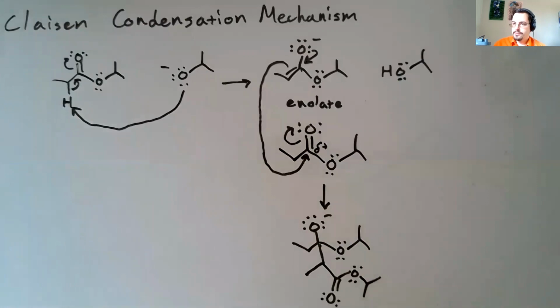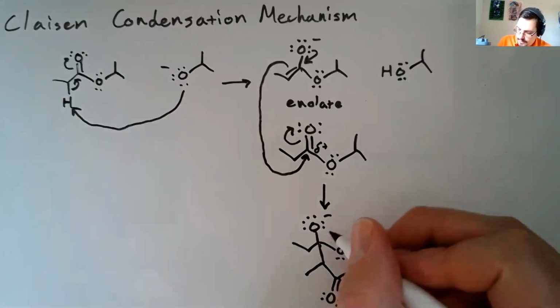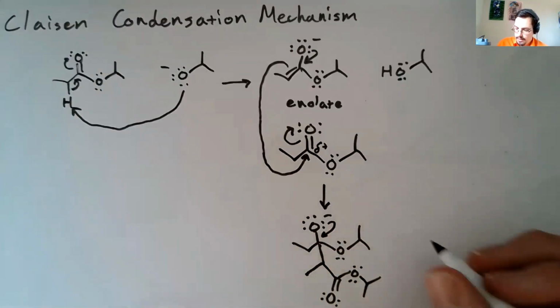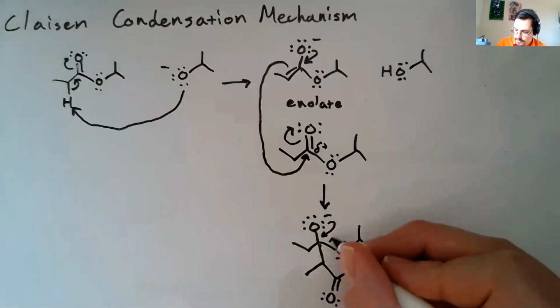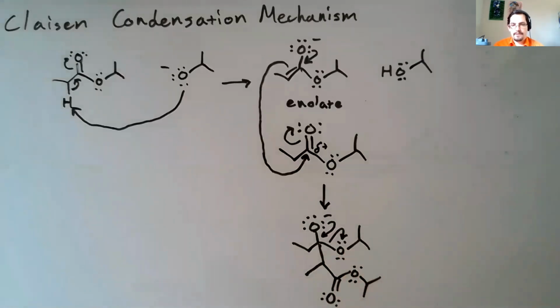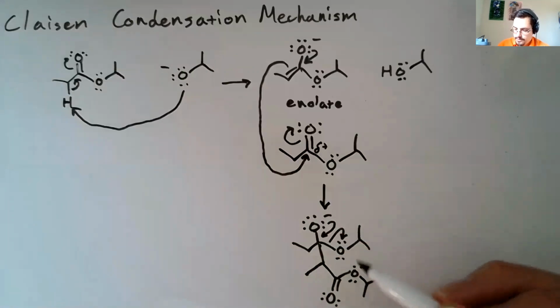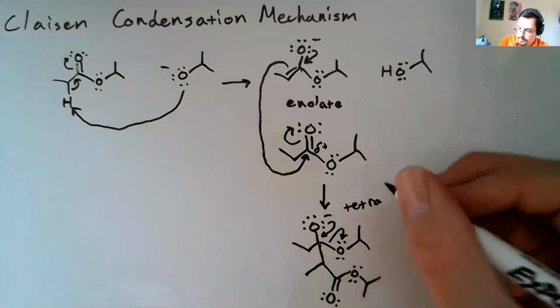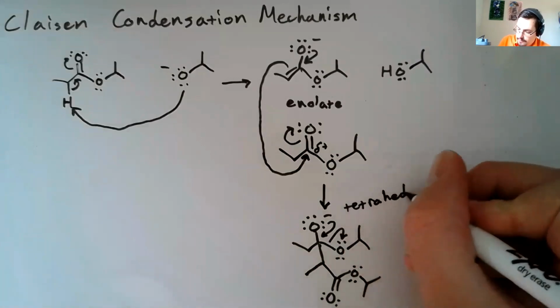Now this is a tetrahedral intermediate, similar to what we would see in a typical nucleophilic acyl substitution reaction. So now we can bring down our electrons from that tetrahedral intermediate and kick off our alkoxide leaving group here, right? So this is very similar to the second step that we see with our nucleophilic acyl substitution reactions, where again, you form that tetrahedral intermediate, and then you're kicking off a leaving group in order to create your product.